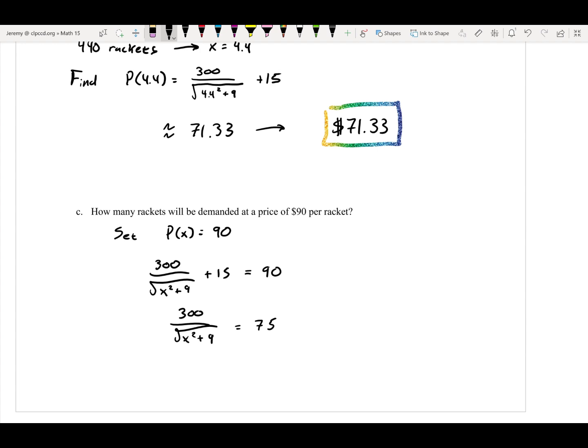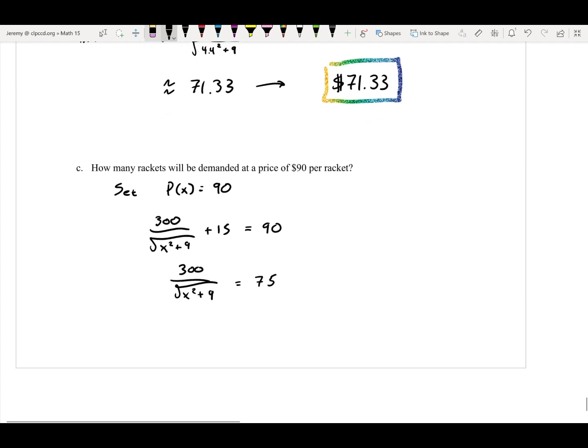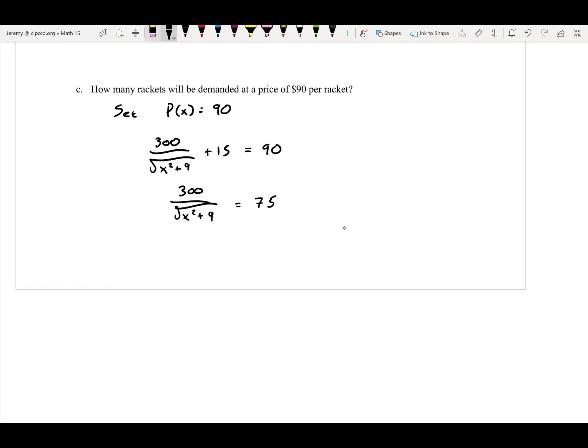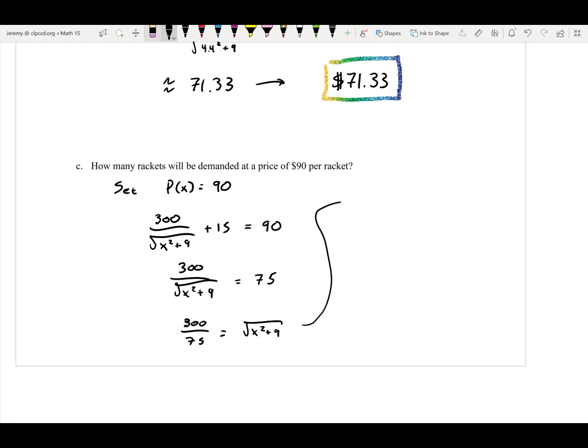I'll multiply both sides of the equation by the square root of x squared plus 9, and divide 300 by 75. So then I'll get this. 300 over 75 is just 4. So 4 is equal to the square root of x squared plus 9.